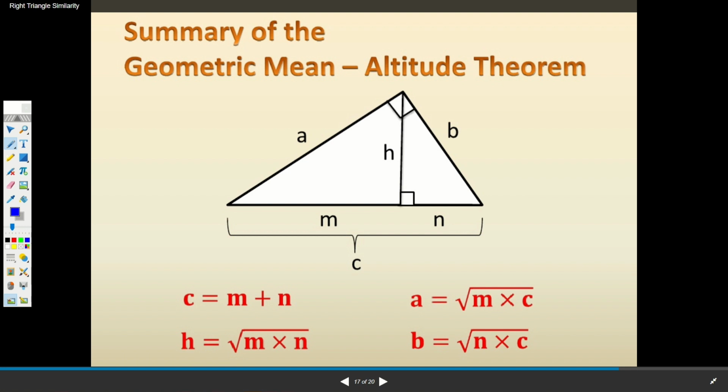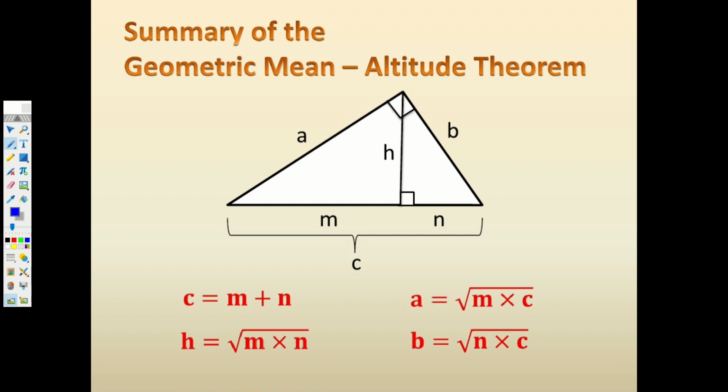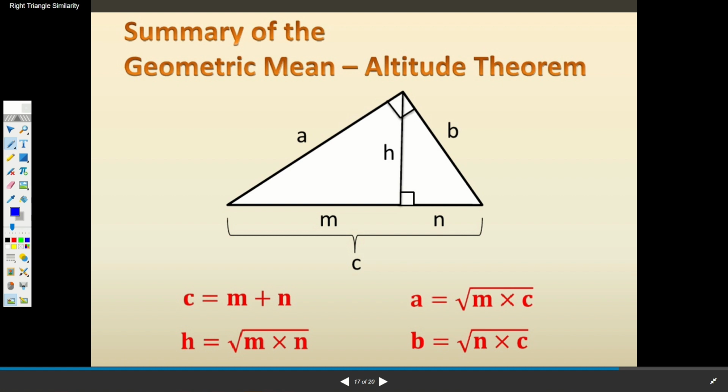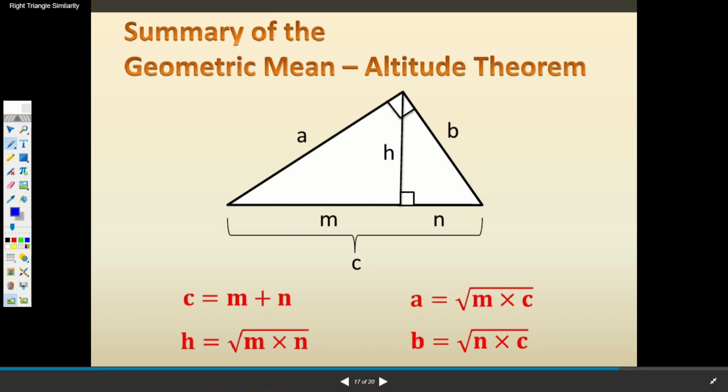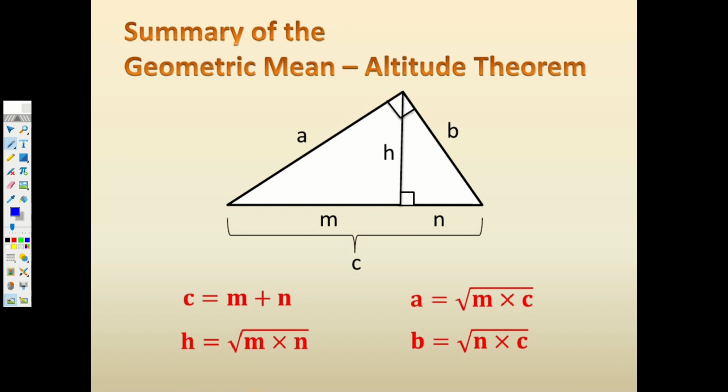That is equal to the square root of m multiplied by n. If we're going to find the length of a, we're going to use the formula square root of m times c. And if we're going to find the length of b, that is simply n multiplied by the hypotenuse c. Okay, again for b, that is the square root of n times c.